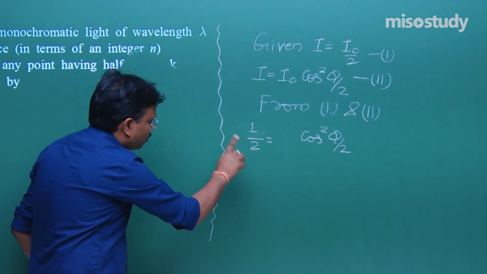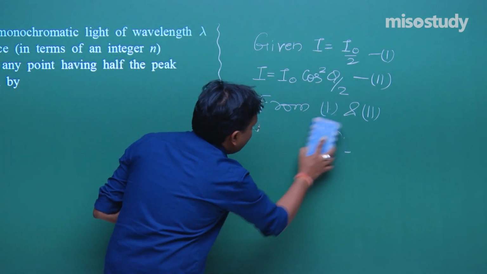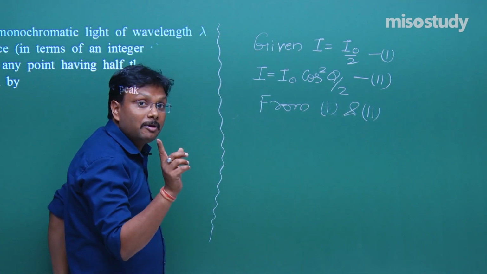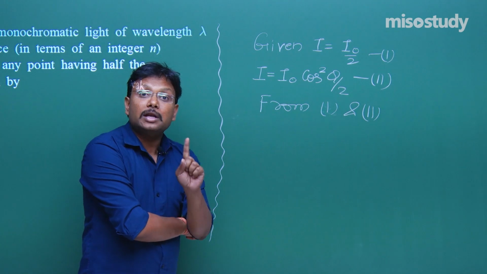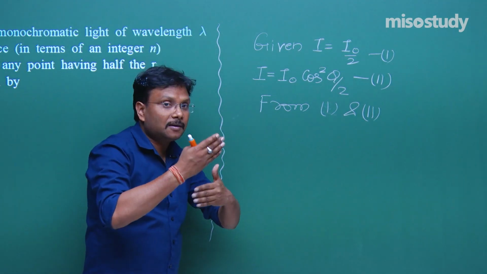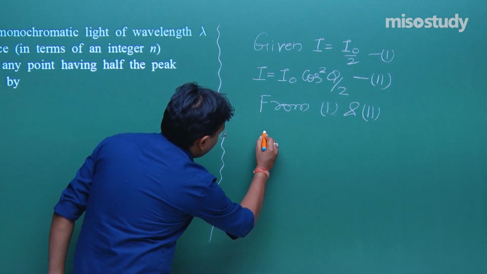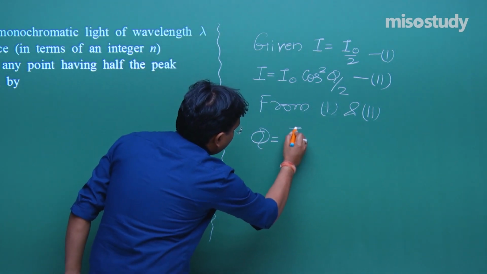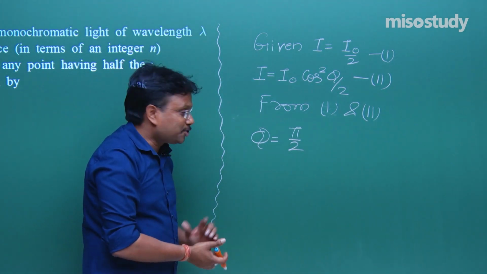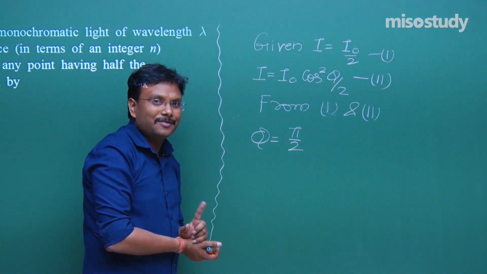So, what I will do now is write down the possible values for phi. And why am I saying possible values? It is not like that there is only one value. Obviously, it will keep on changing. So, phi is equal to pi by 2. If anyone has any issue with this value, please revise the basics.